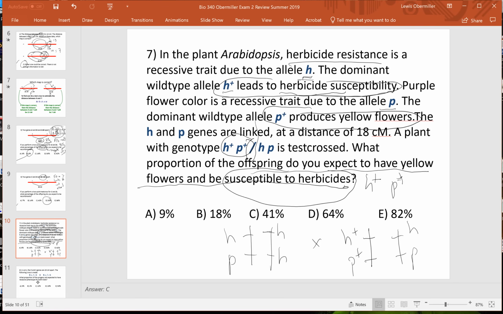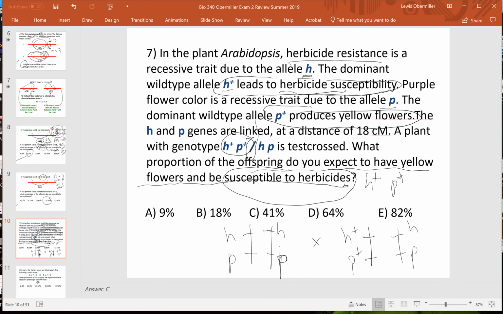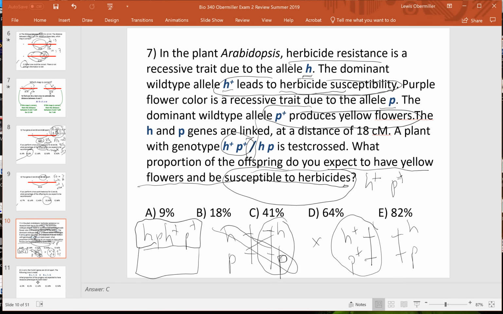So the gametes that are going to be made by the test cross are always going to be the same. Even if there's crossing over, it's still little h, little p. The gametes made by this, the parental gametes, the ones that aren't due to crossing over, are going to be H plus and P plus, the non-recombinant genotype. The other one is here, and that would be little h, little p.